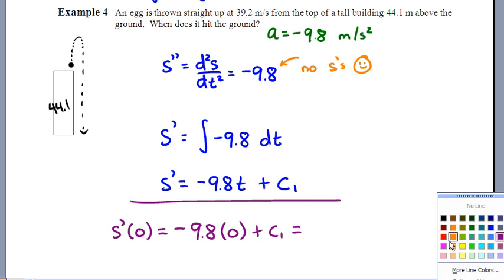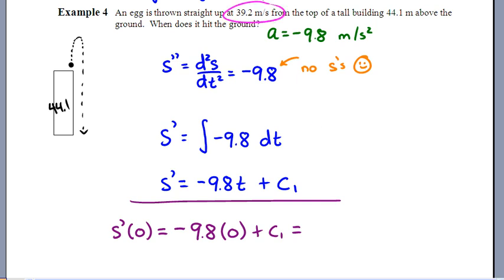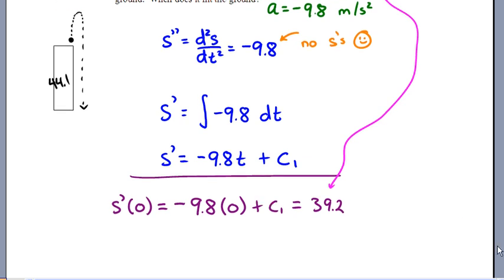So I'm just stealing their information, it's right here, and saying that calculation must result in an answer that's 39.2. Okay, fine. 9.8 times 0 is 0. Add the C1, get 39.2. Okay, C1 has to be 39.2.